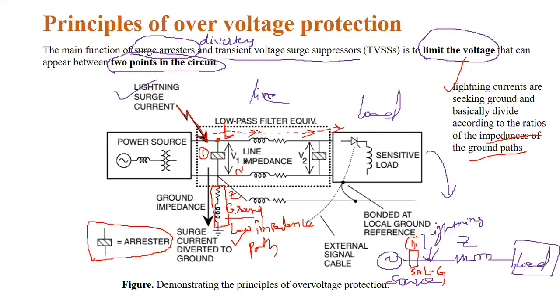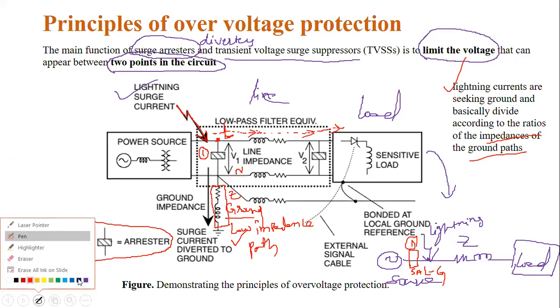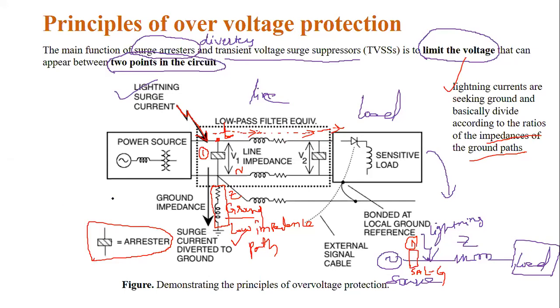At the same time, before going to the load side, there is a low pass filter here. The line itself has some impedance, and you can assume it as a low pass filter.